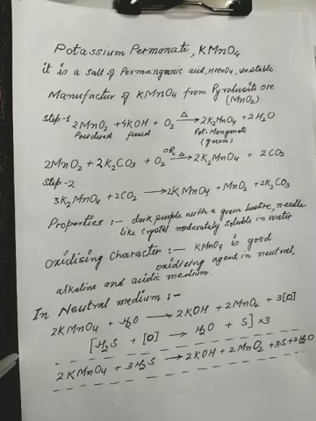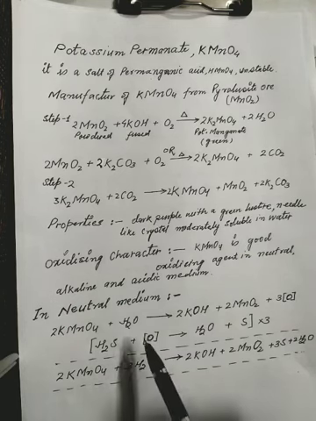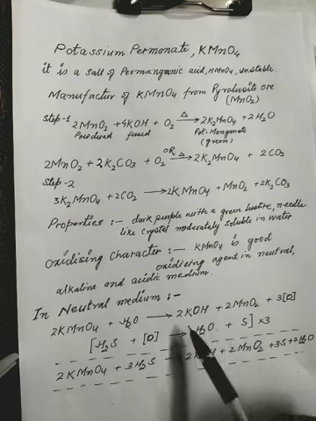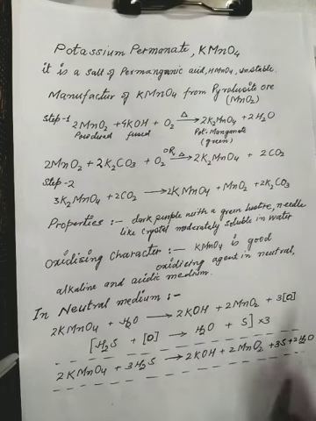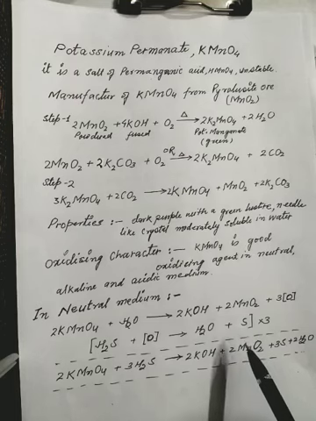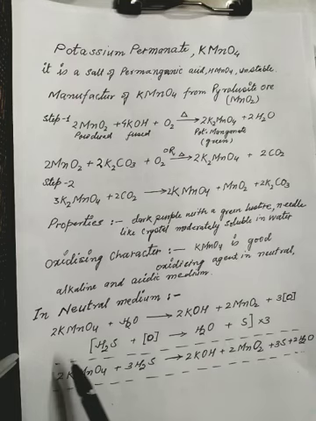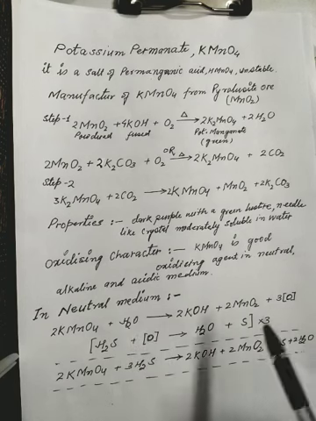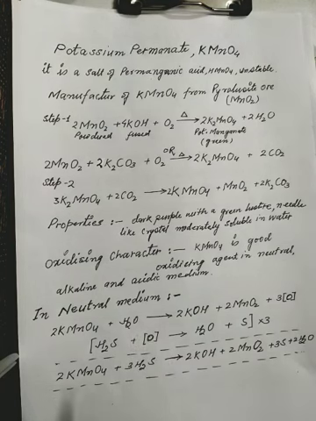In neutral medium, when KMnO4 is dissolved in water and H2S gas is passed into it, you get decolorization, and the yellow color of sulfur will settle down. Two KMnO4 molecules with one water molecule give 3 nascent oxygen. So very important, in neutral medium, two molecules of KMnO4 give 3 nascent oxygen.